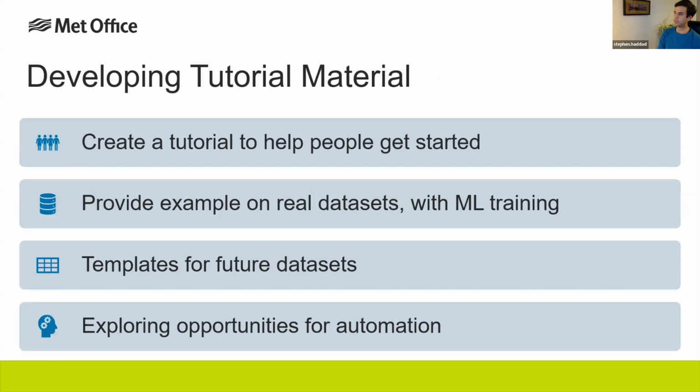Over the last 6 to 12 months, people in my team have been trying to create some tutorials in the form of Jupyter notebooks and others to walk people through the process of doing an assessment, what it would look like, and create some concrete examples on real data sets.